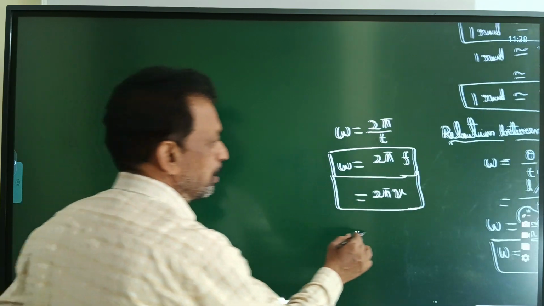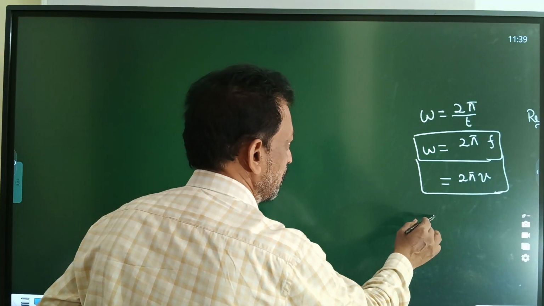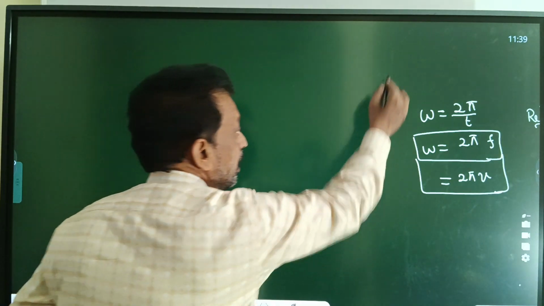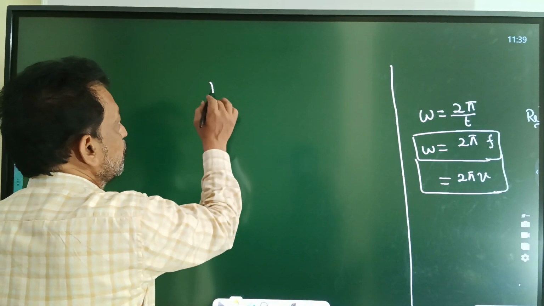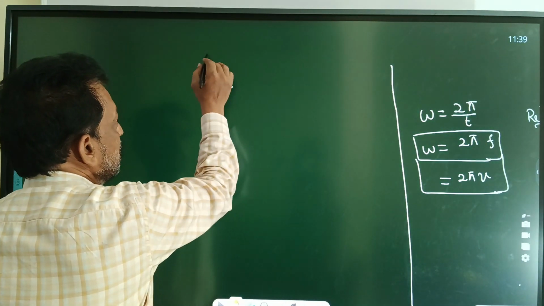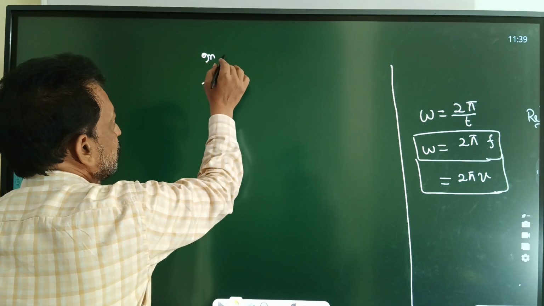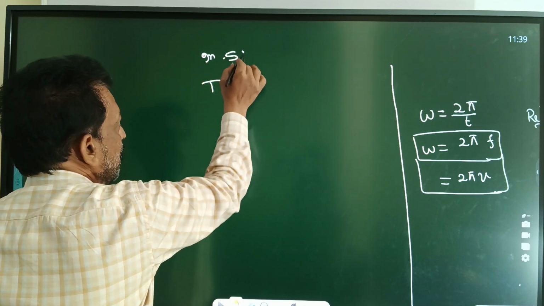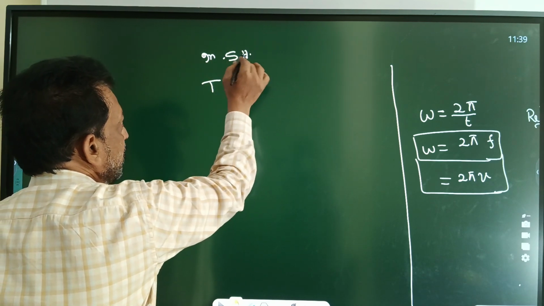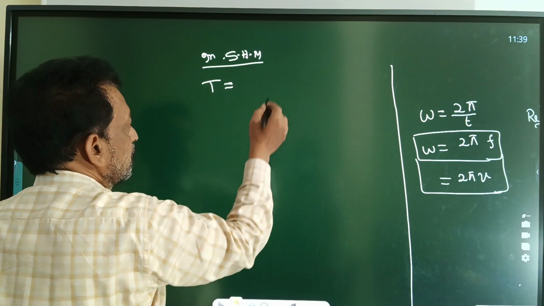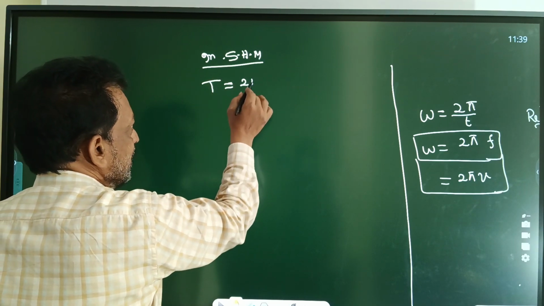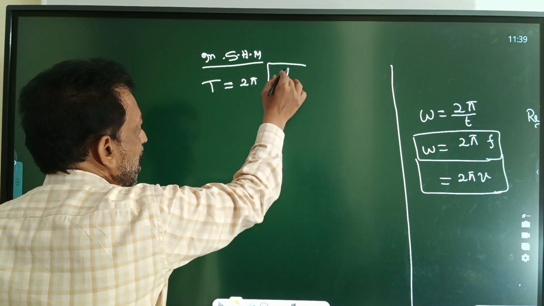Now, generally we are going to say simple pendulum. In simple pendulum, or in simple harmonic motion, the time period T is equal to 2 pi square root of L by g.